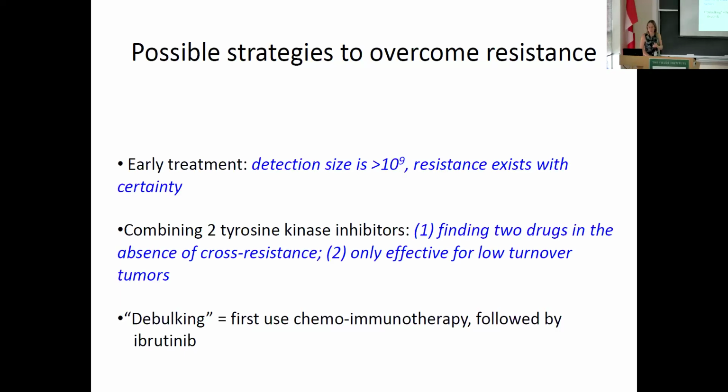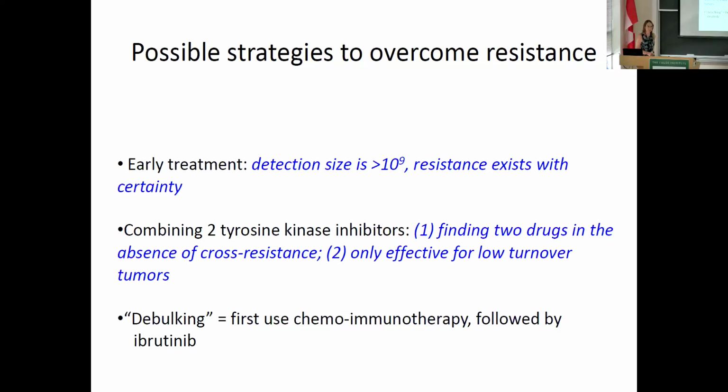So early treatment is difficult because detection size is greater than 10 to the 9 and the resistance is already there. So you can start treatment early, but since resistant mutants are already there, it's not going to help in this case. Combining 2 tyrosine kinase inhibitors: it's difficult to find 2 drugs that don't have the cross resistance.